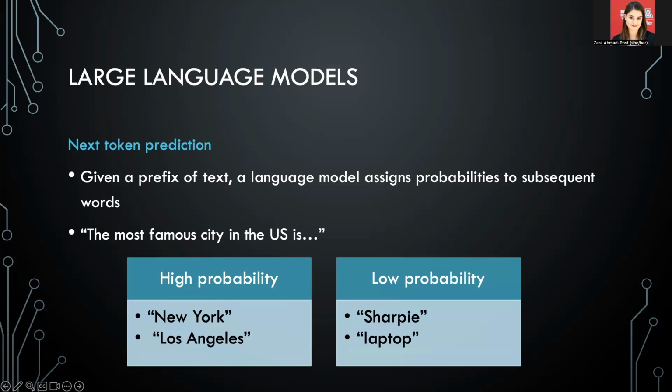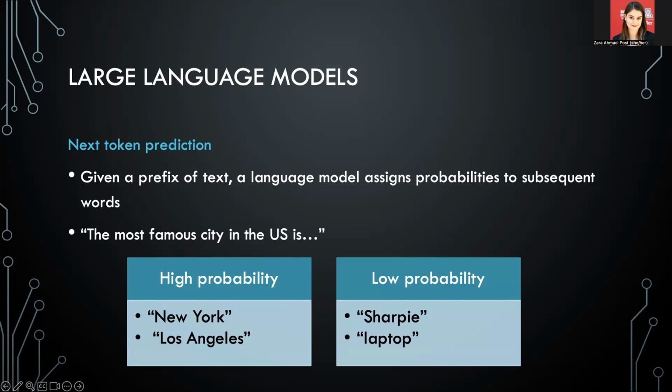Large language models broadly, we want to start with the task that they were designed to do. And that task is next token prediction. Given some prefix of text, the language model assigns probabilities to subsequent words and then returns those words.